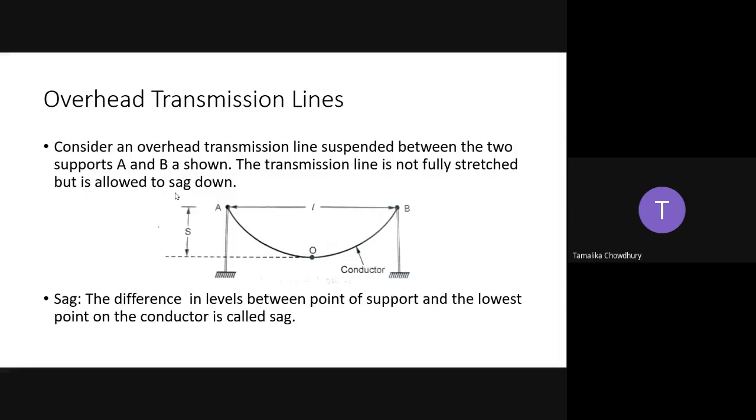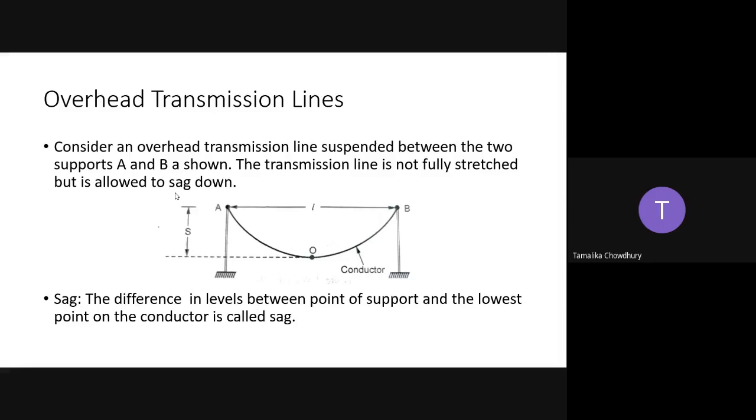When these two supports, A and B, are at the same level, then the shape of the conductor is in the form of a catenary.